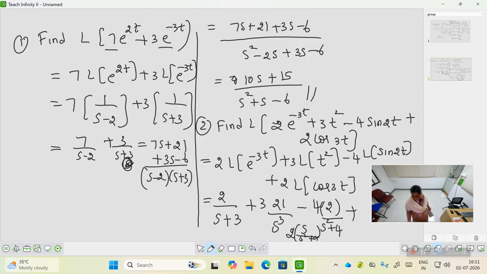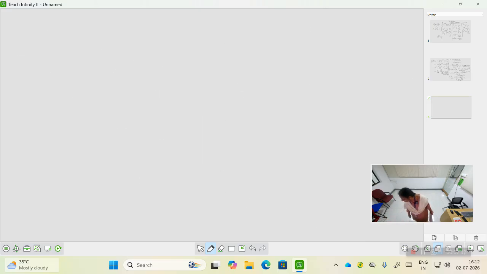So in this way we can take s square plus 4, s square plus 9, s plus 3 as an LCM or cross multiply, whatever you want you can do, and then you'll get the solution in terms of whom? Function of s. So the problem is given in terms of f of t, taking Laplace, the output will be in terms of f of s. This is the function they have given, so the output will be in terms of f of s. So in this way, I'll go to the next problem.